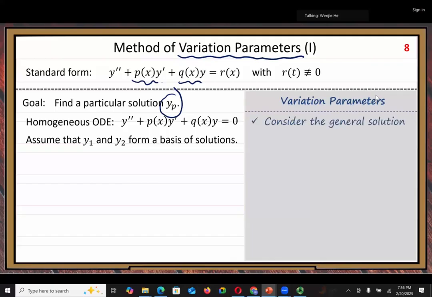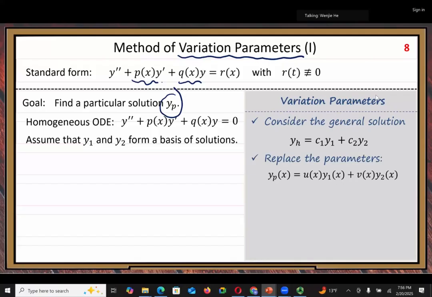Variation of parameters. Consider the general solution yh equals C1 y1 plus C2 y2, where C1 and C2 are both constants, not varying here. Now replace the parameters. This time, for yp, we use a u function to replace C1 and a v function to replace C2.